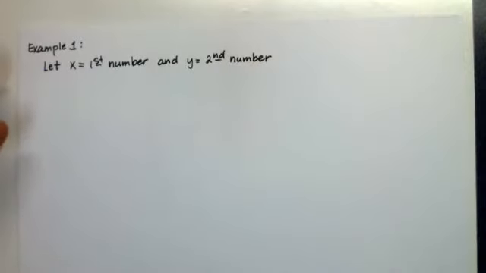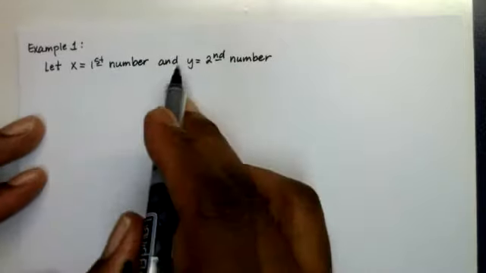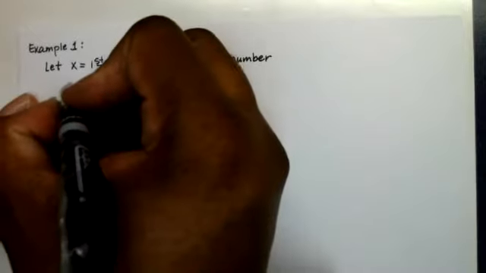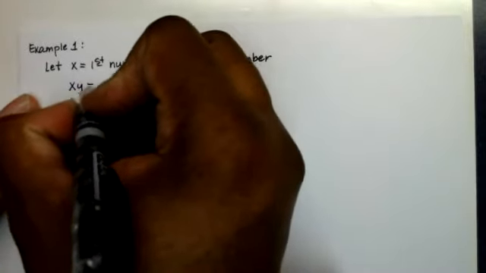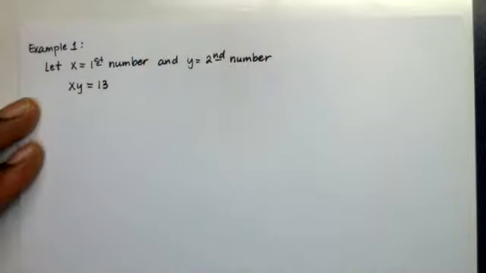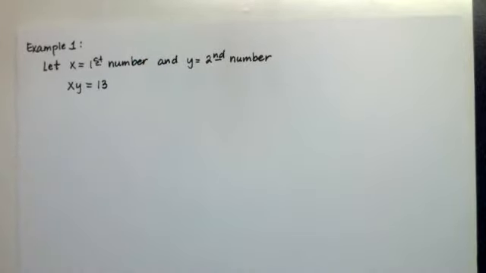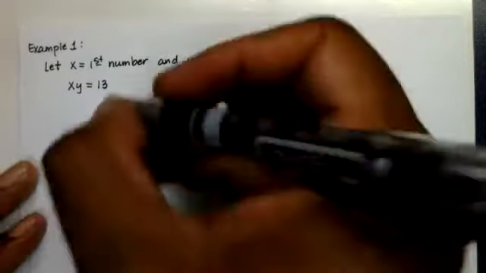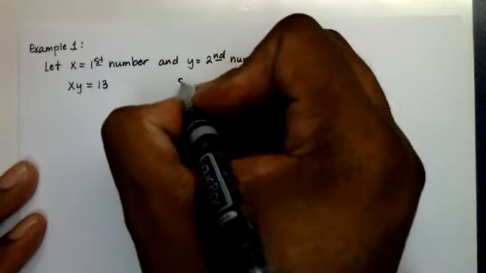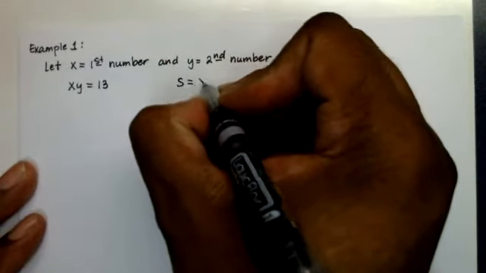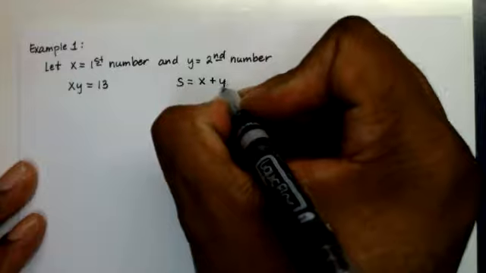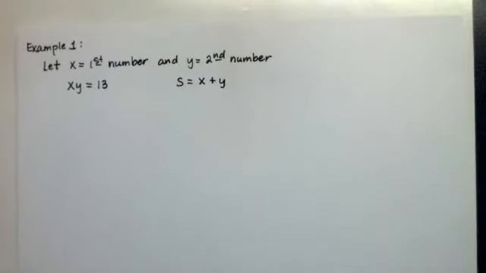We're looking for two positive real numbers whose product is 13. So that means that the product of X and Y, or X times Y, must equal 13. And the other condition is that you're going to have the smallest possible sum. So I'm letting capital S be the sum of those two numbers, X and Y.